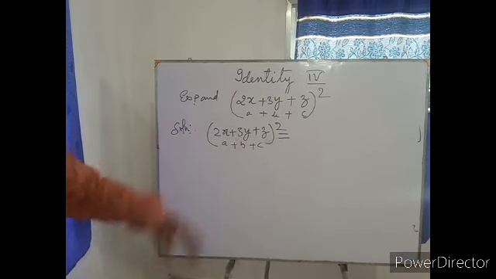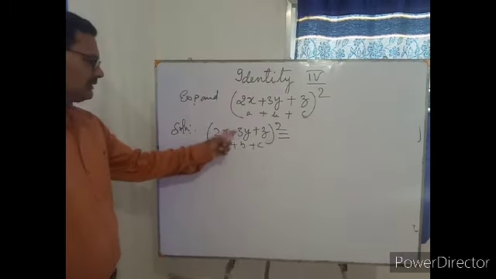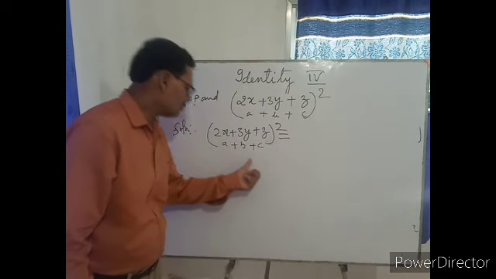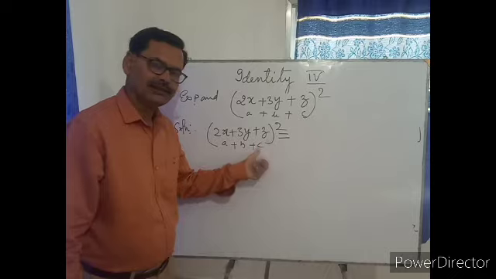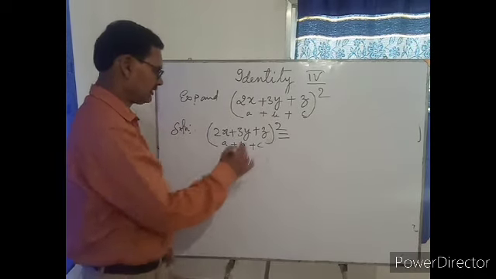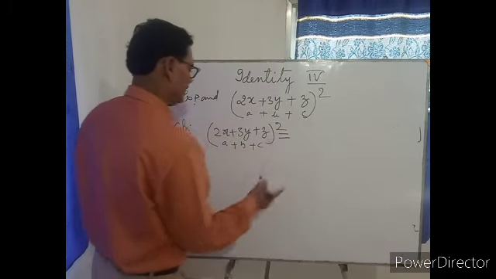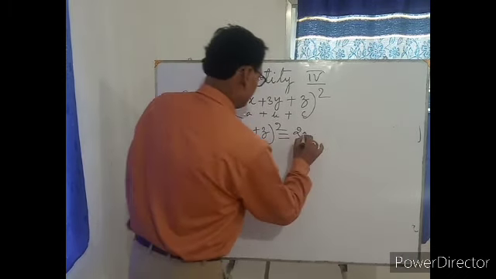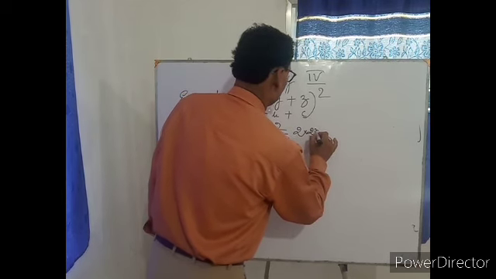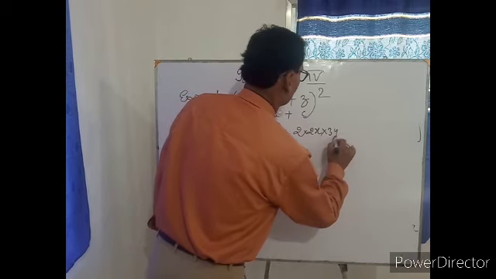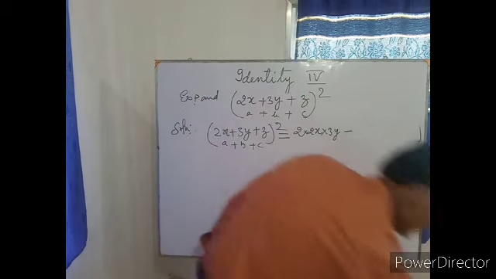(A plus B plus C) whole square. Recall: A square plus B square plus C square plus 2AB plus 2BC and plus 2AC. So 2AB, recall A is equal to 2x, 2x into B is equal to 3y.